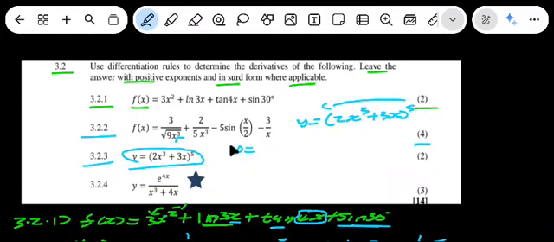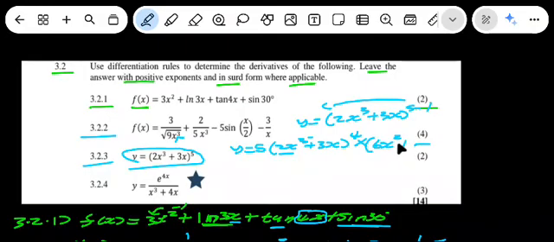You multiply by 5, drop 5, there will be 5 into (2x^3 + 3x), you subtract 1 on the exponent, it will be 4. Then you multiply by the derivative of the inside. The derivative of 2x^3 will be 6x^2, you subtract 1 on the exponent, here we'll have 2.